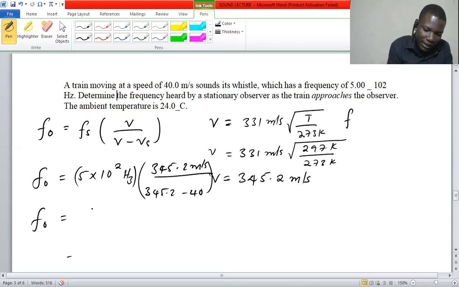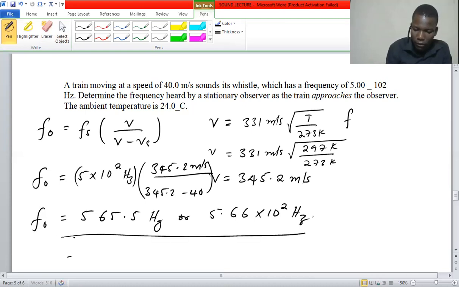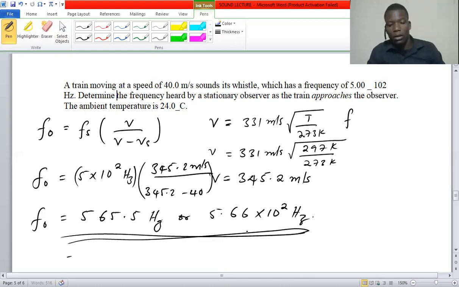Okay, so the frequency is going to be 565.5 hertz, or 5.66 times 10 to the power 2 hertz. So this is how you can apply Doppler effect in this way, and you can solve questions with those equations that we have derived.